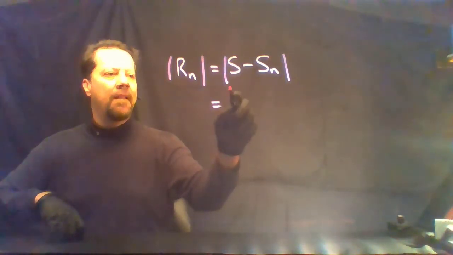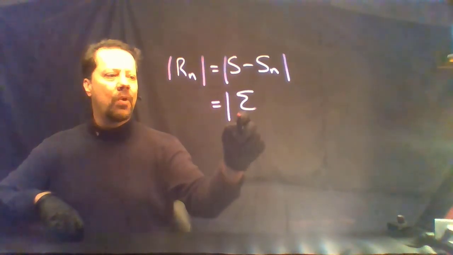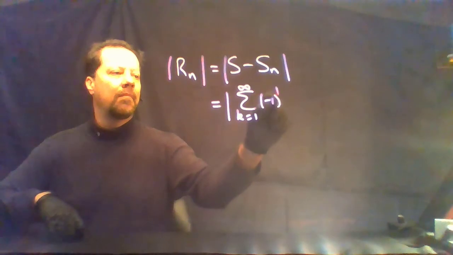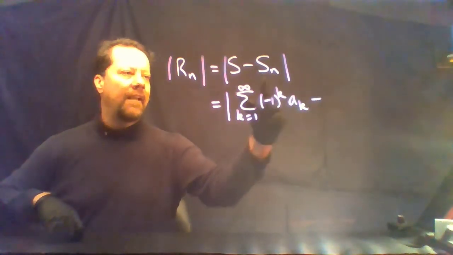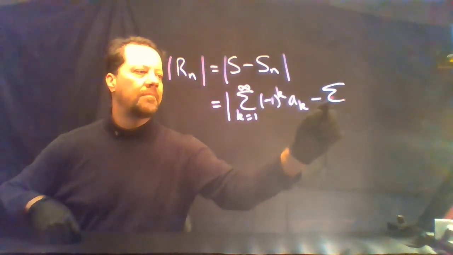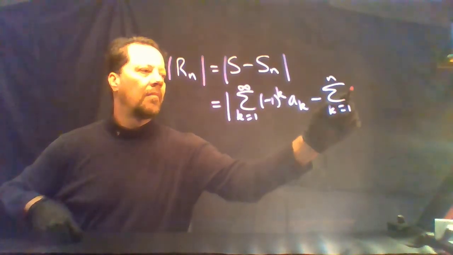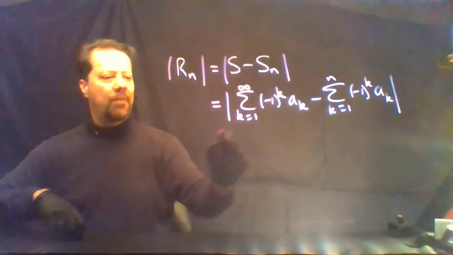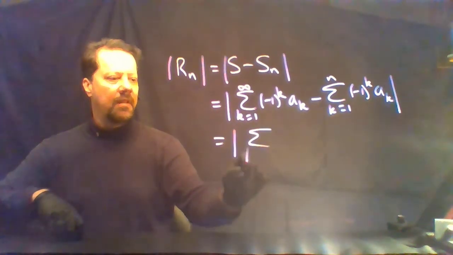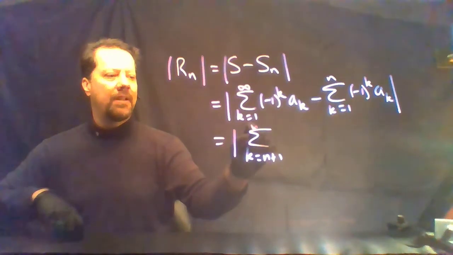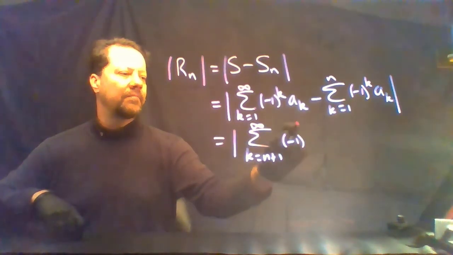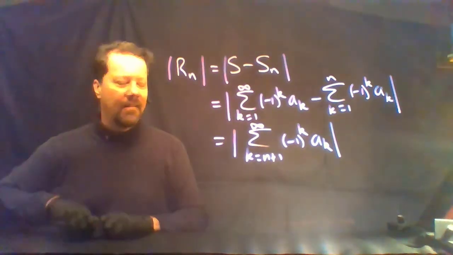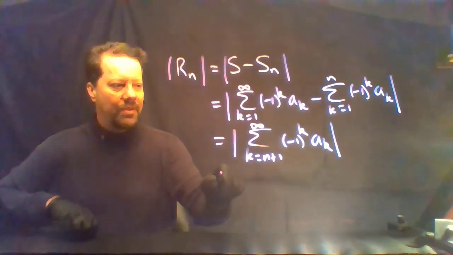If you keep in mind this is the total sum, and this is the nth partial sum, what you get is the sum from n plus 1 to infinity. That is equal to the following.